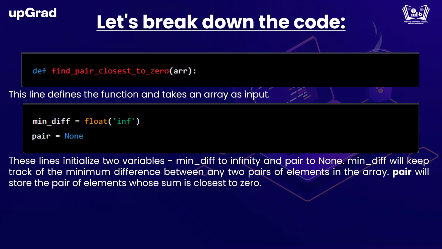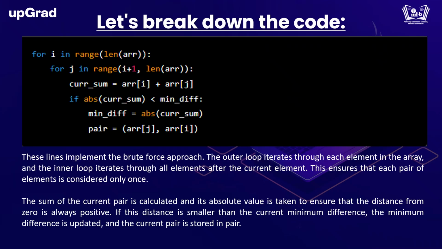Min difference keeps track of the minimum difference between the sum of any pair of elements and 0. The pair stores the pair of elements whose sum is closest to 0.